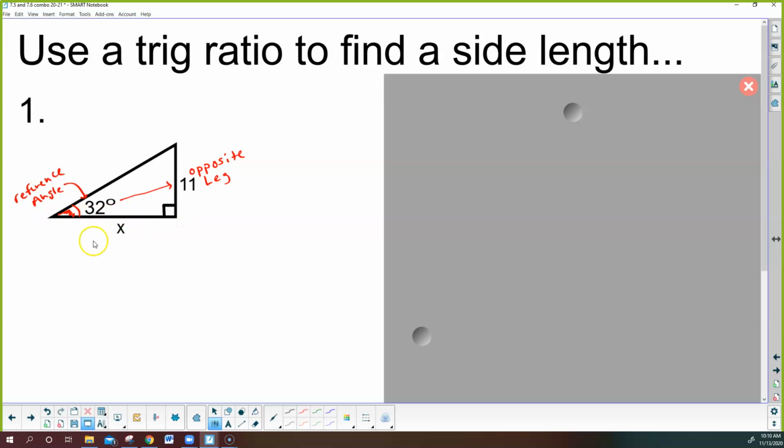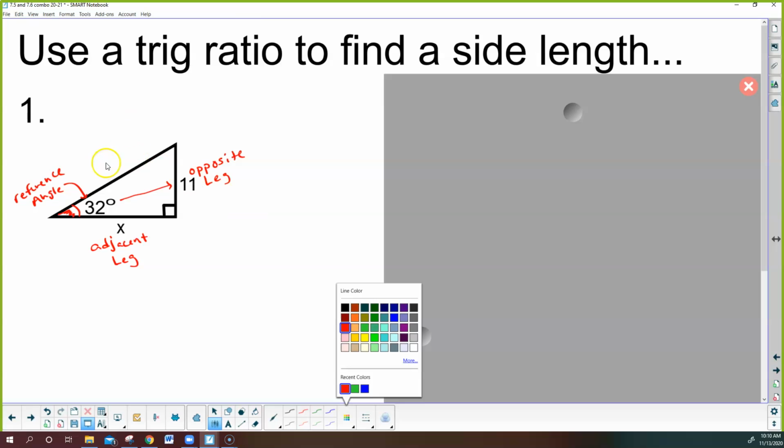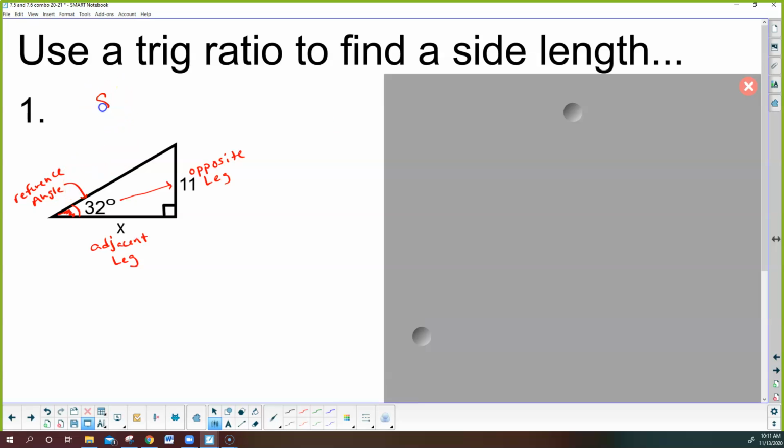Well, x is the other leg, so that has to be the adjacent one. All right, now, notice they don't tell me to find the hypotenuse, so I really don't care about the hypotenuse for this problem.